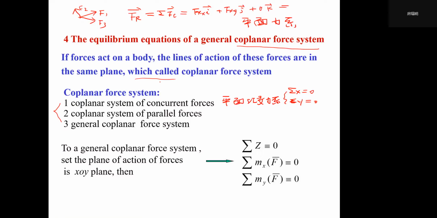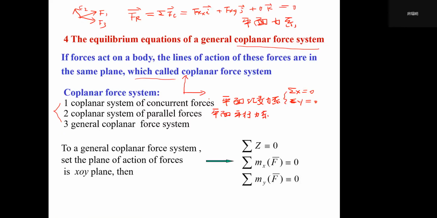So this is 平面汇交力系. Another subcategory of the coplanar force system is the coplanar system of parallel forces. We call that 平面平行力系. Maybe I can draw a 平面平行力系 for you guys.